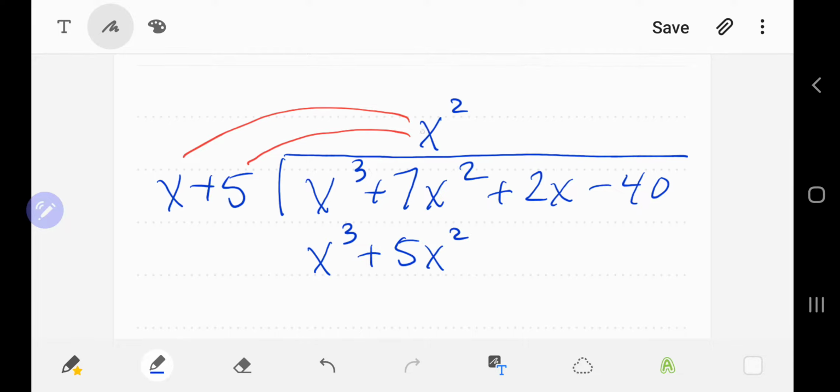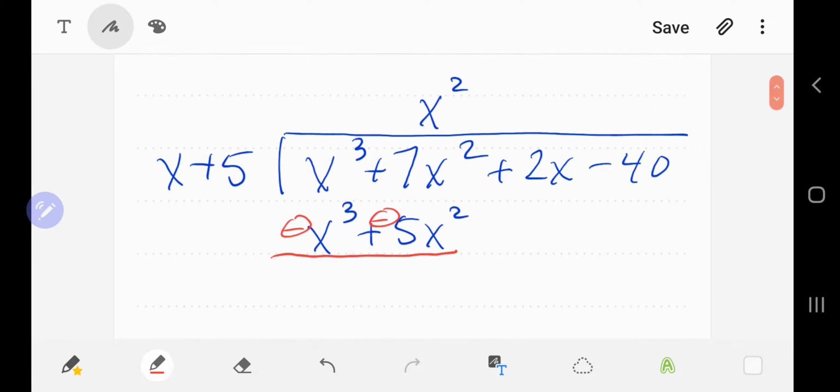So we distribute the x squared, and that gives us the x to the third plus 5x squared. So far, so good? Now, the next step says, draw the line, change the sign. That's because we're having to subtract, and the easiest way to remember that is draw the line, change the sign. It'll work every time.